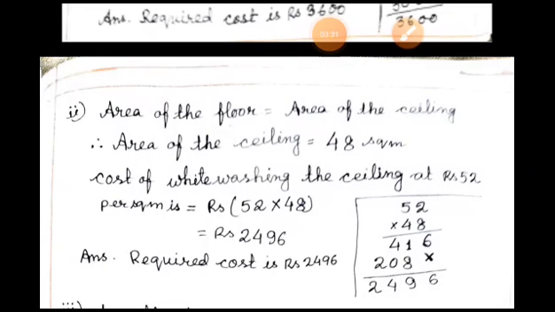Then cost of whitewashing the ceiling at rupees 52 per square meter will be, that means the cost of 1 square meter area is rupees 52. So the total cost of whitewashing the entire ceiling will be 52 into 48, which is equals to rupees 2496.